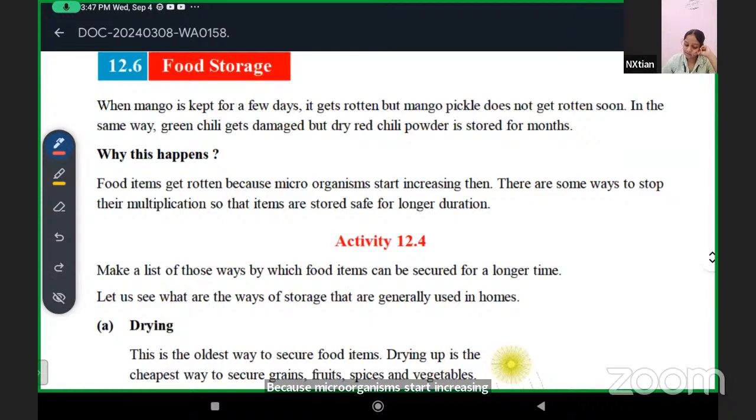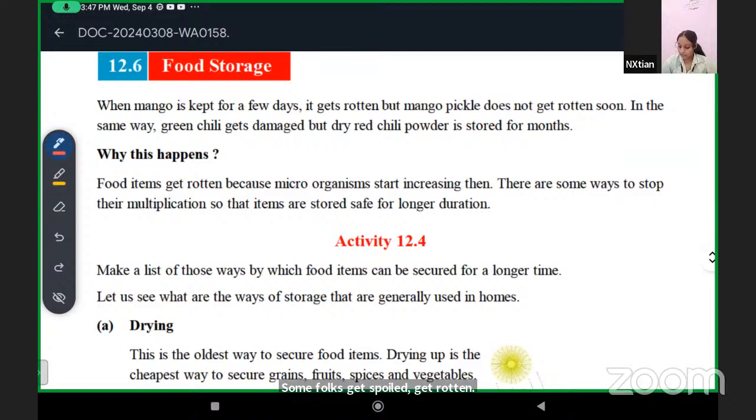There are some ways to stop their multiplication. Yes, Sunil, this is about food storage. Like if we are storing food, some foods get spoiled, get rotten after some time, but some foods don't.